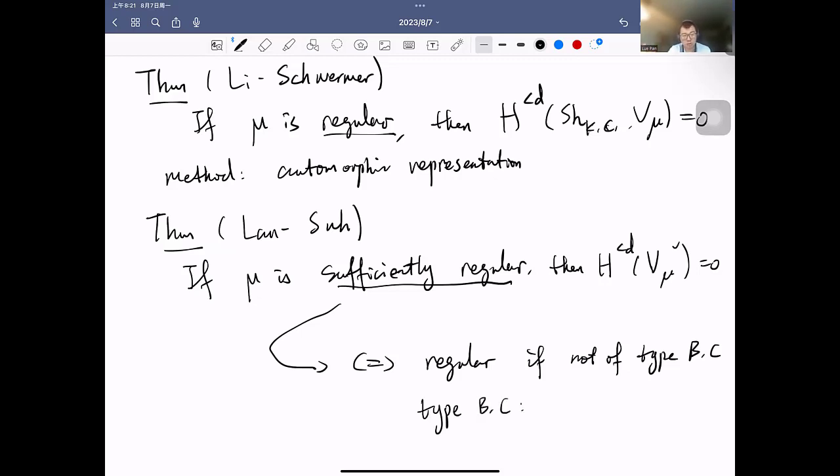Usually regular just means that if you pair your weight with any coroot, it cannot be 0. Here you require that when you pair with any coroot, it cannot be not only 0 but also plus or minus 1.